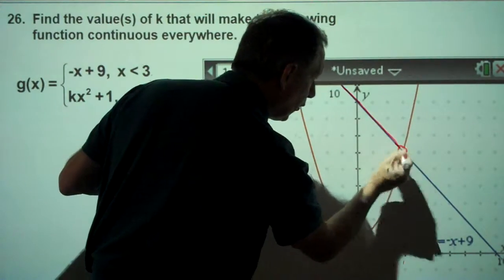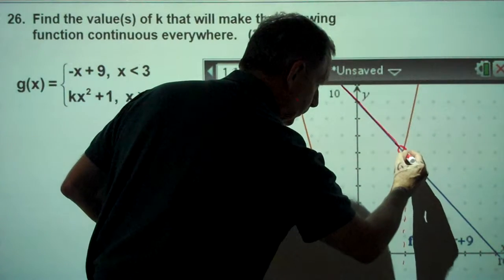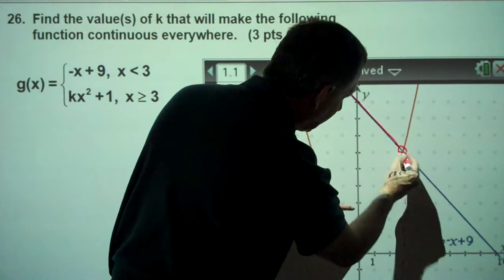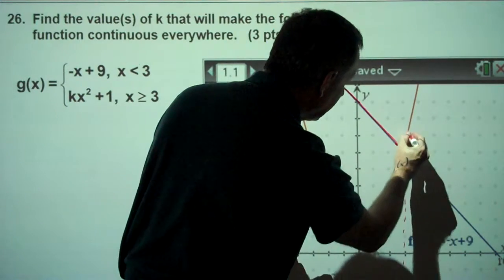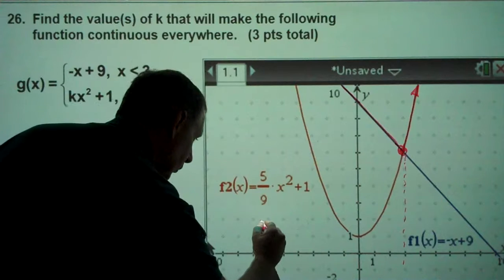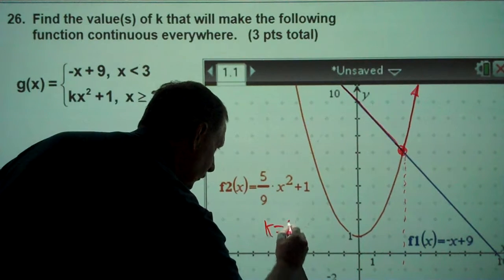We have the hole here, or open point, but we see the parabola does fill in, so this point is filled in, and therefore the function is continuous. So therefore we know that k is equal to 5/9.